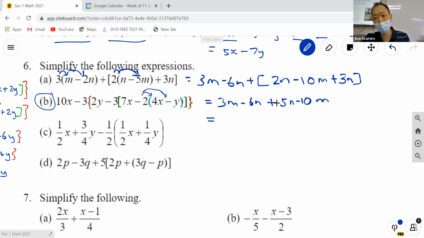So 3m take away 10m is minus 7m. Then after that, negative 6n plus 5n is negative n. Yeah, good. That's it. That's A, right? Minus 7m take away n.